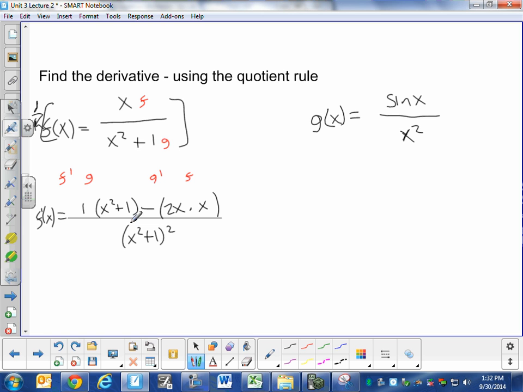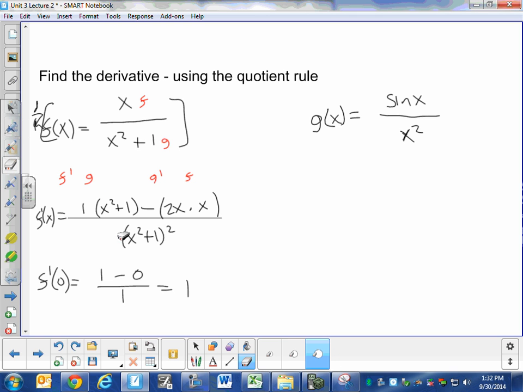Now, this is a derivative. I could plug in values like 0 to get derivatives. I get 1 minus 0 over 1. That's 1. So I could plug in values for x to get slopes.